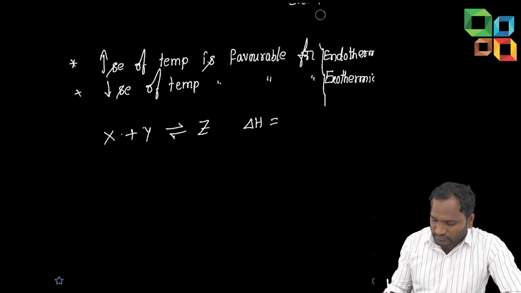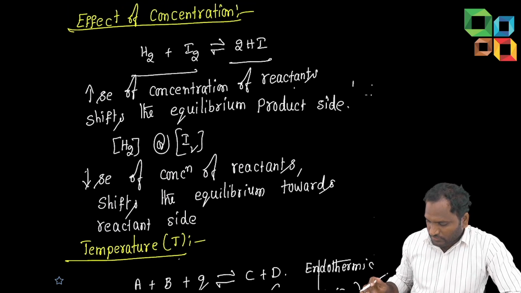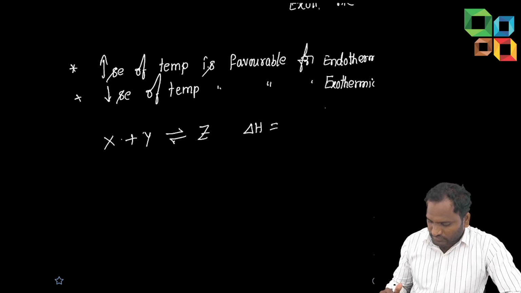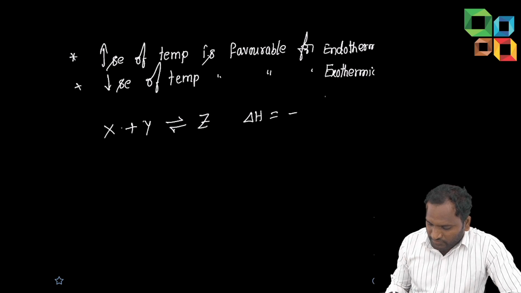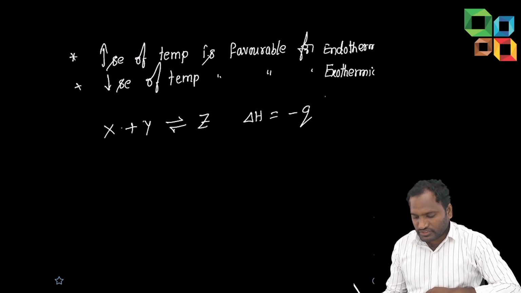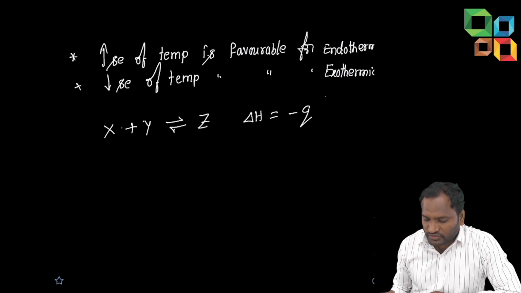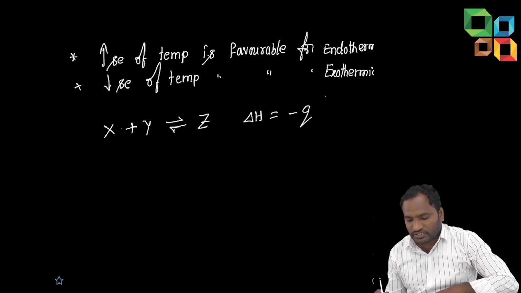Delta H is equal to minus Q, so from this reaction we got to know this is an exothermic reaction.